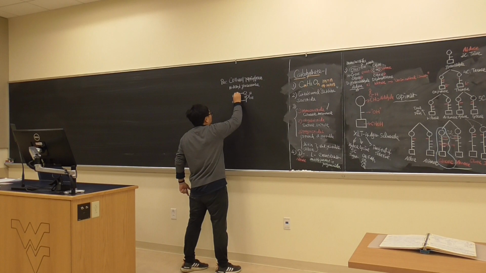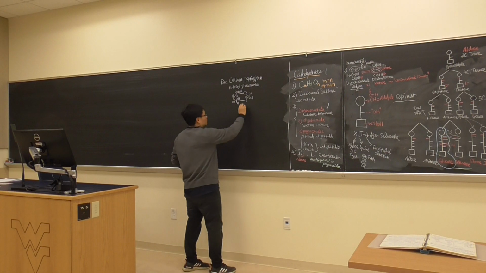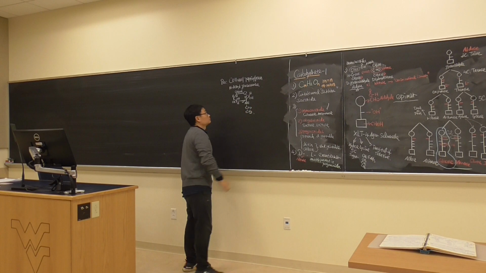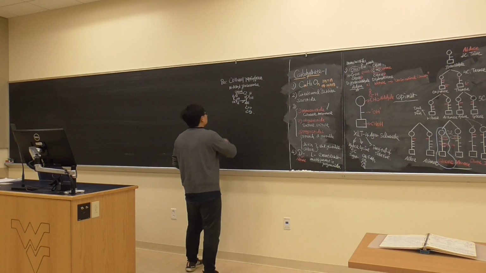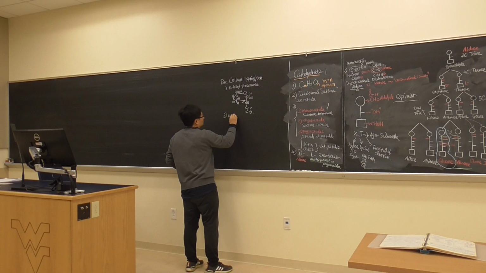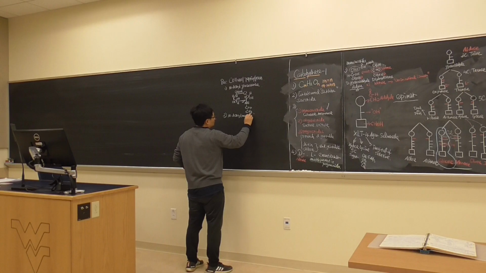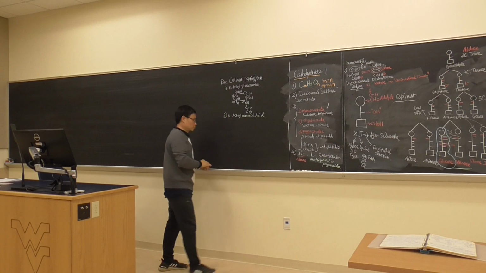That's almost the same as glucose. What's the difference? That's carbon number 2. That's all. That's N-acetylglucosamine. Okay, what is the other one? N-acetylmuramic acid. What does it look like?